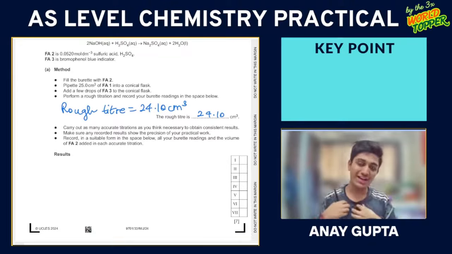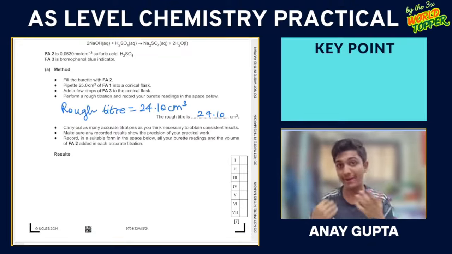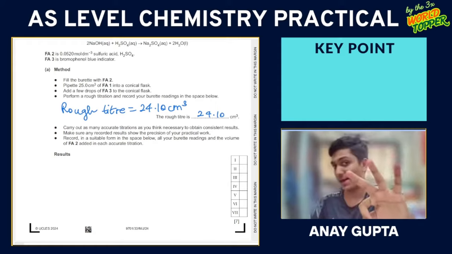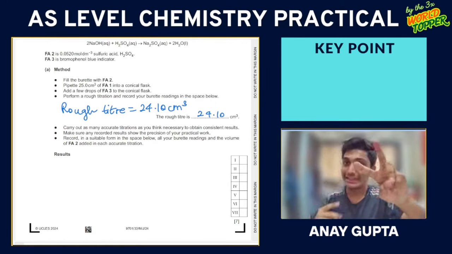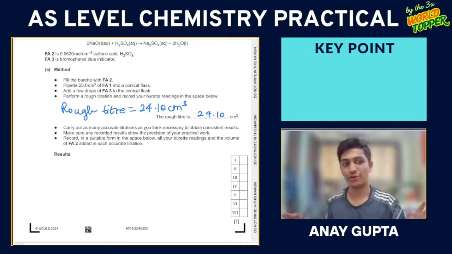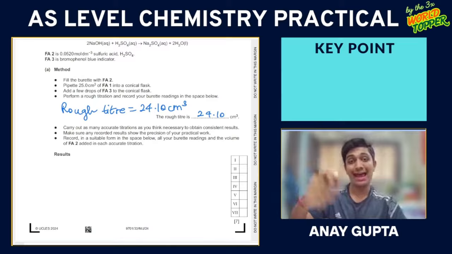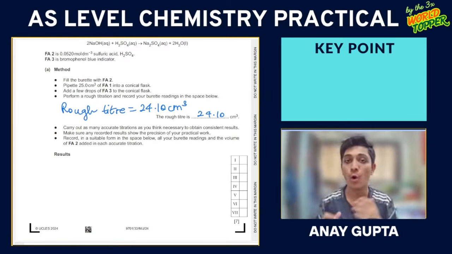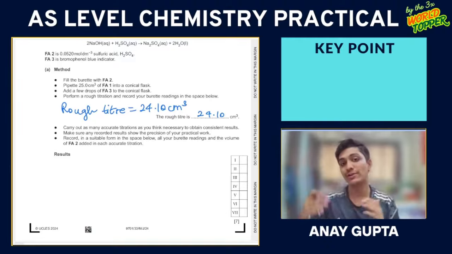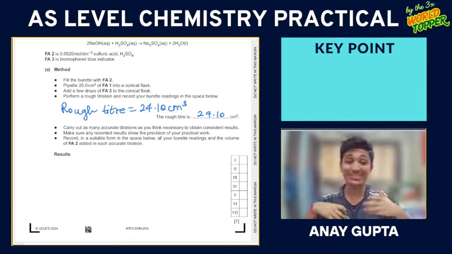Okay, so I generally advise people, and what I generally did myself, was to do three experiments. In those three experiments, I ensured that at least two of my readings were concordant. If, for example, I poorly performed an experiment, or I was a little late in closing the tap and a little more of the FA2 flew into the conical flask, then I would simply not record the reading.